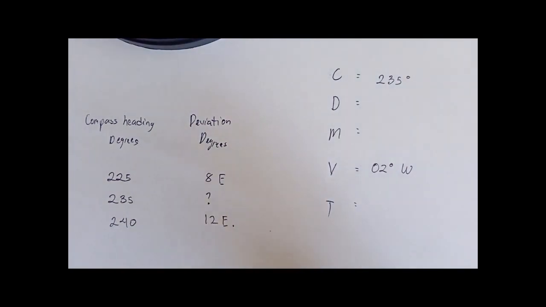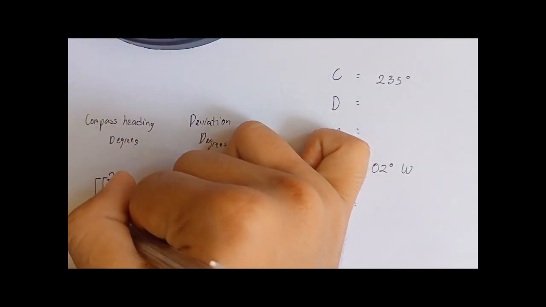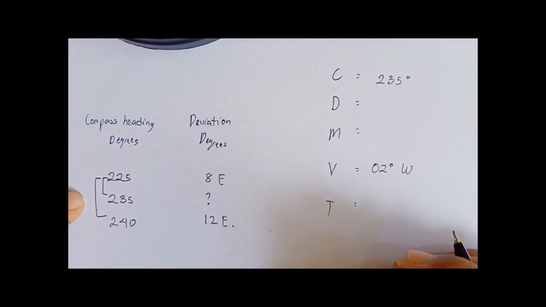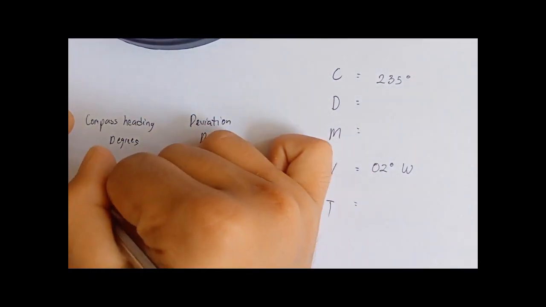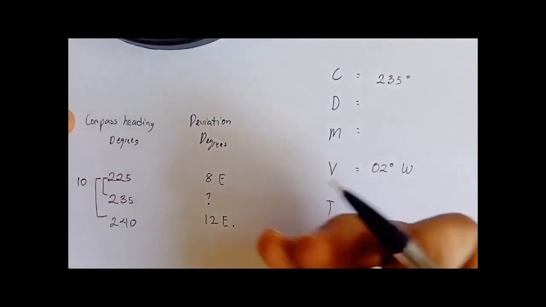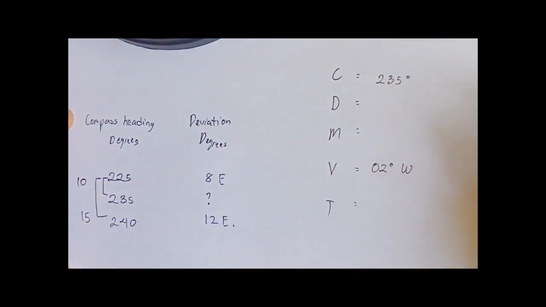So now we must find the deviation of 235 degrees. First, we take the difference: 225 and 235 is 10, and 225 minus 240 is 15.